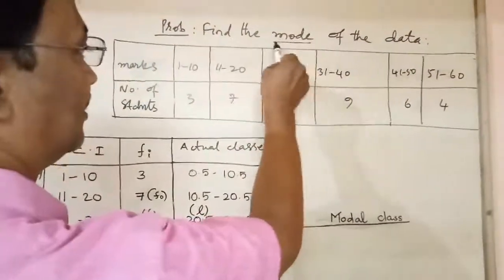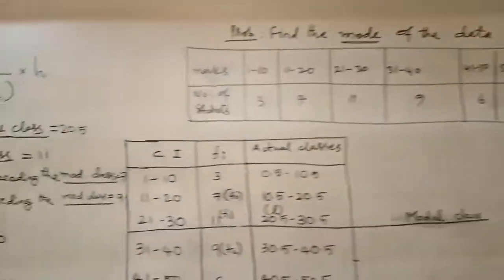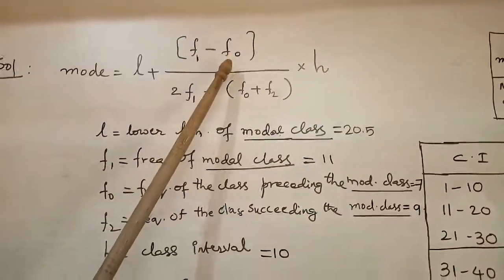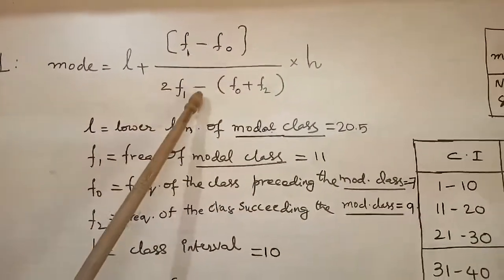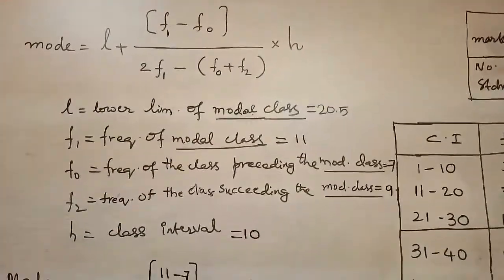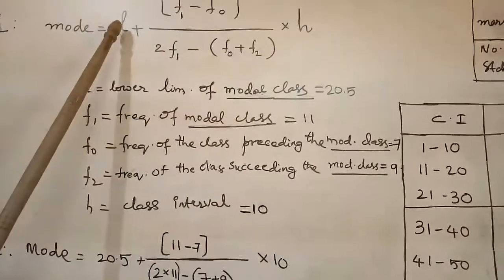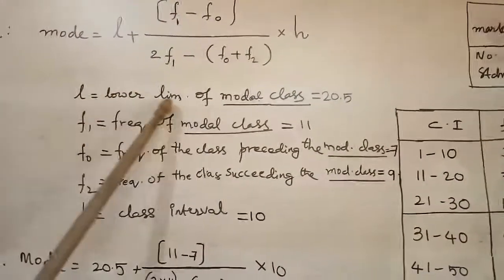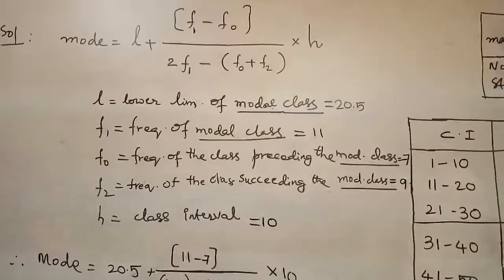Here, for mode, we have the formula: mode is equal to L plus (F1 minus F0) by (2F1 minus F0 minus F2), into H. To find the mode, these variables are required. L means the lower limit of the modal class.